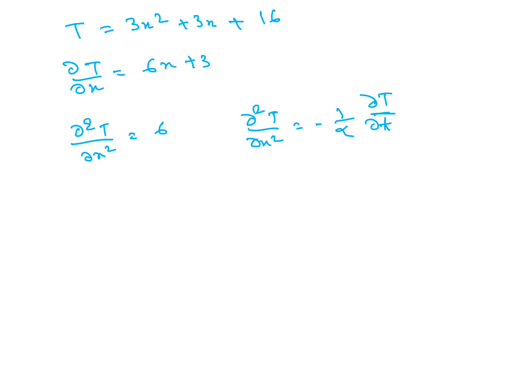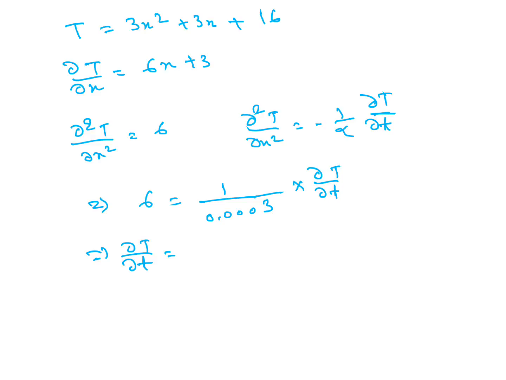Small t. So 6 equal to 1 by alpha, 0.0003 into, in this question they ask rate of change of temperature with time, 6 into 0.0003.